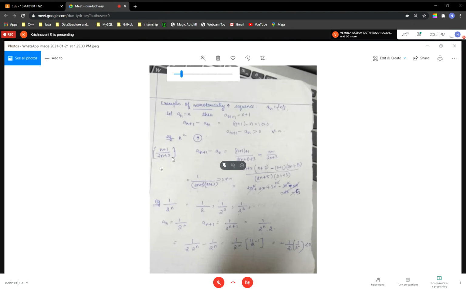Next example, 1 by 2 power n. This is an. An equal to 1 by 2 power n. An plus 1 is 1 by 2 power n plus 1.